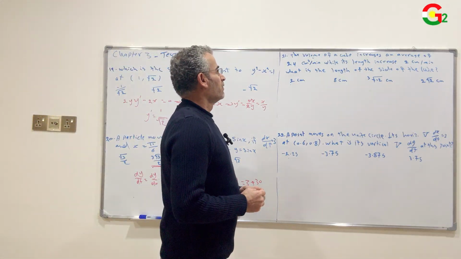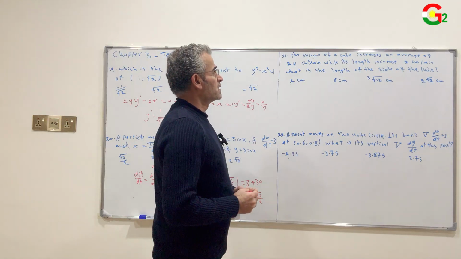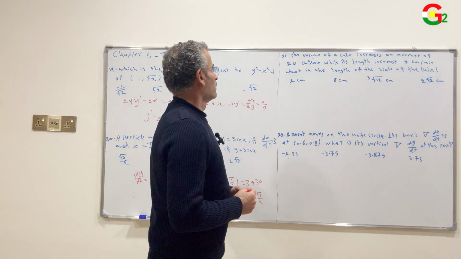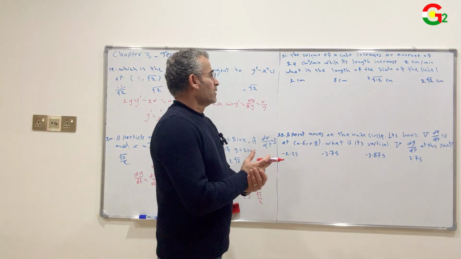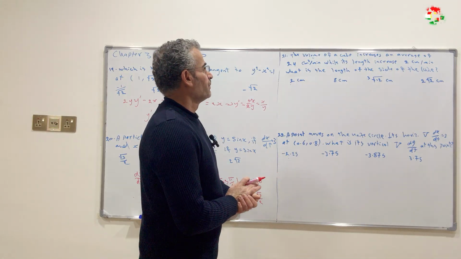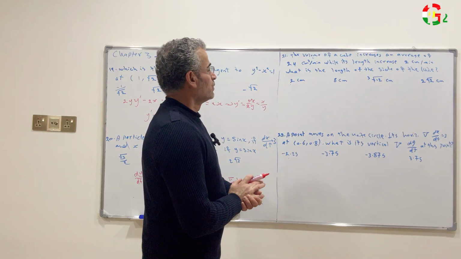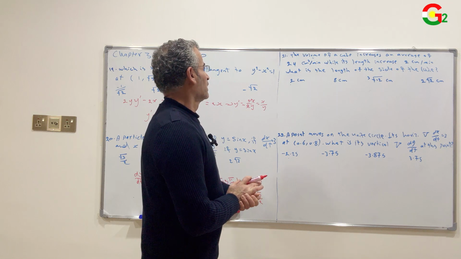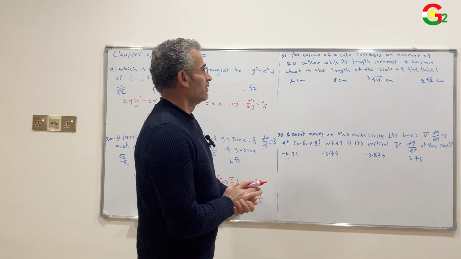Question number 21: the volume of a cube increases at an average of 24 cubic centimeters per minute, while its length increases 2 centimeters per minute. What is the length of the side of the cube?